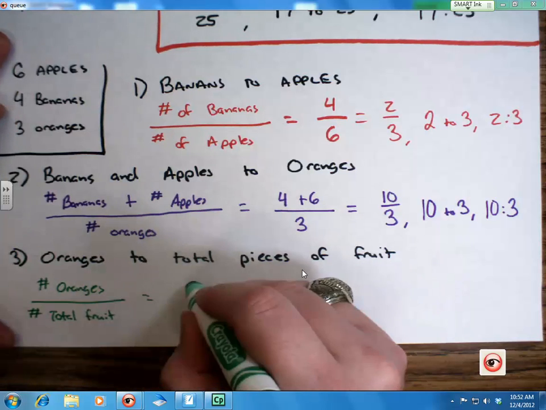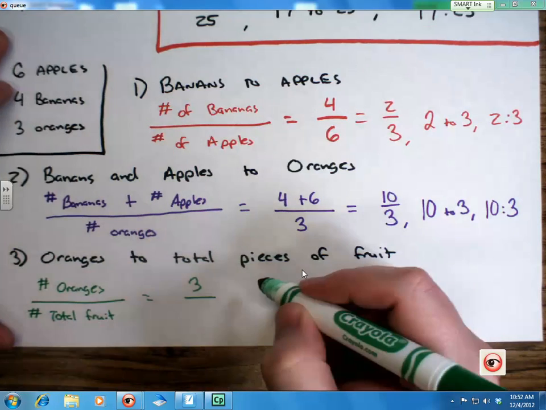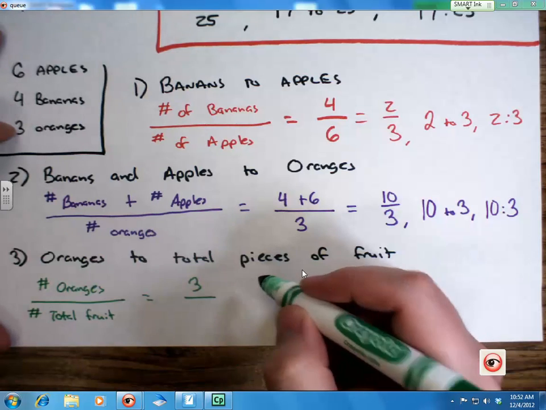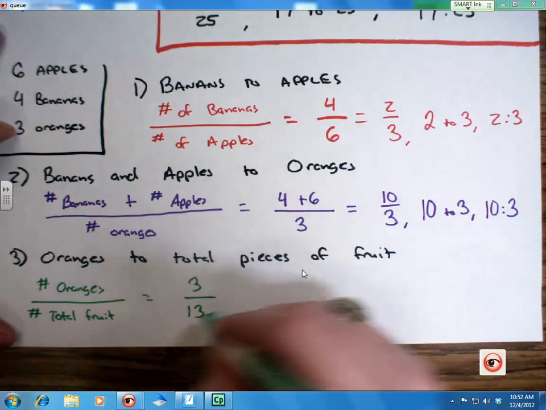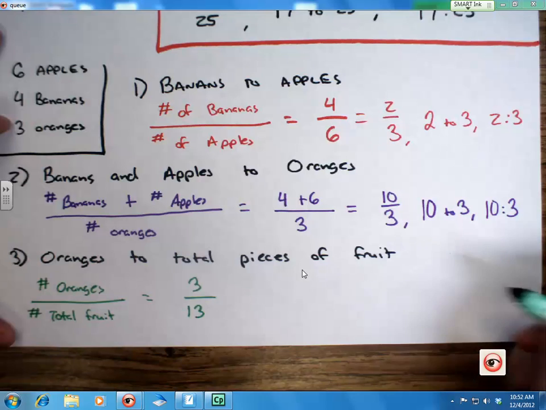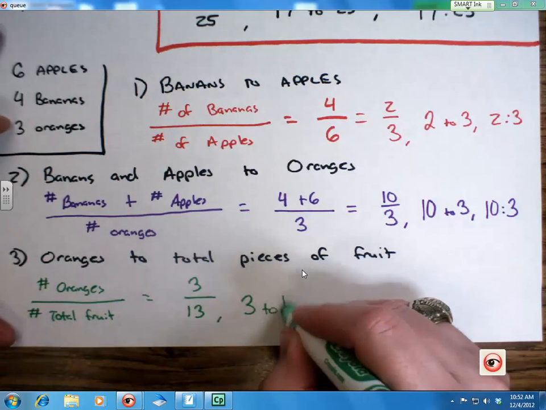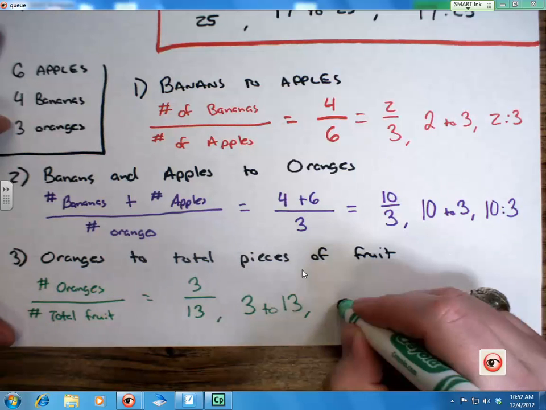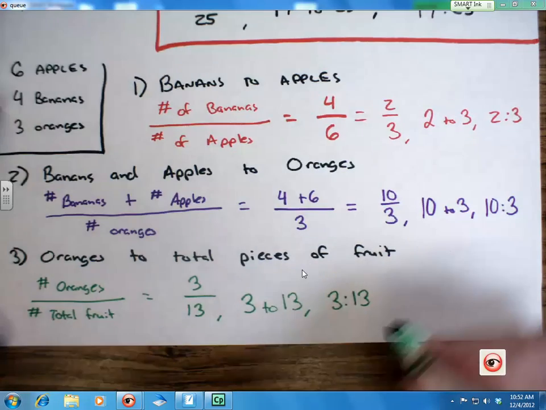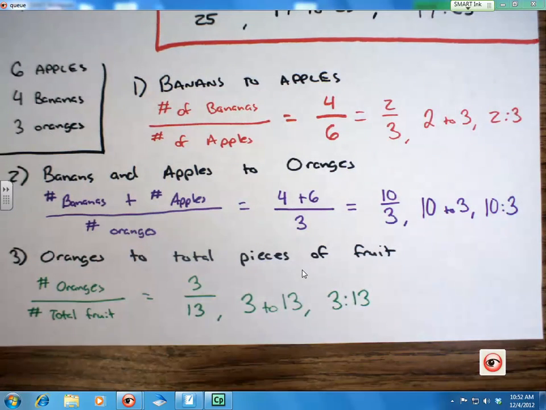We have 3 oranges. And we have 6 plus 4 is 10, plus 3 is 13, so that would be 13. Okay, then we could write it with our word "to." And we could write it finally with our colon. Okay, just like that. As you can see, this is pretty simple.